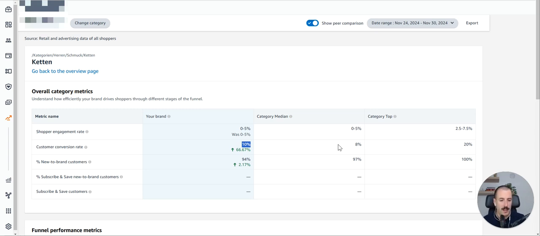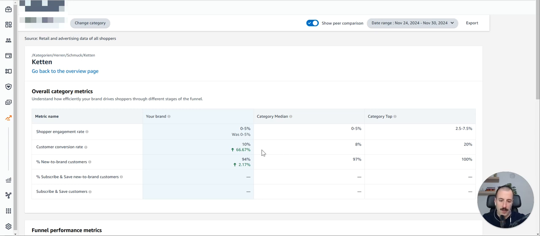Again, context is very important. If your category top of 20% conversion rate is for those that are two times cheaper than you, then it's hard to compete in conversion rate, but it is still something you can strive for over time, or maybe you can compete with them if you source properly.